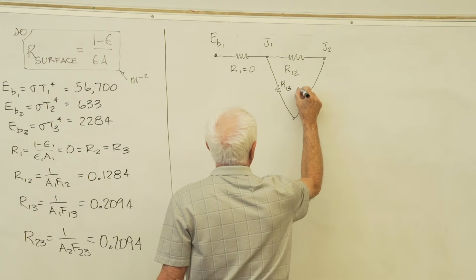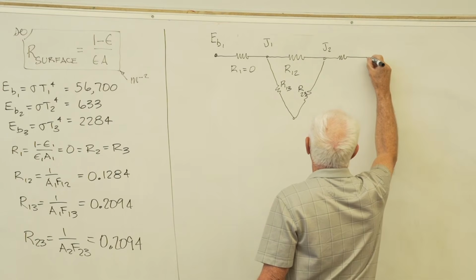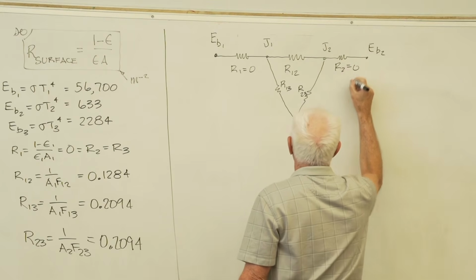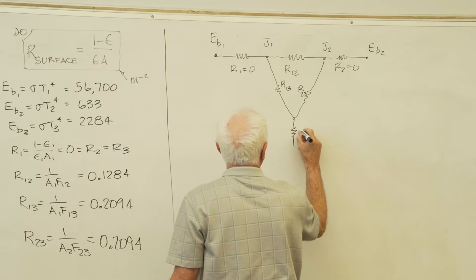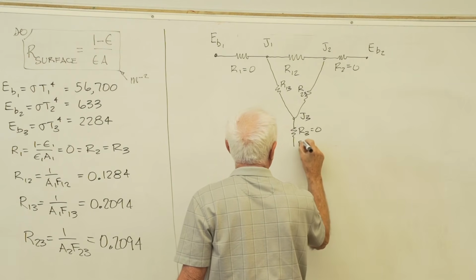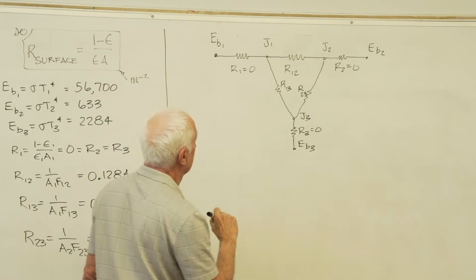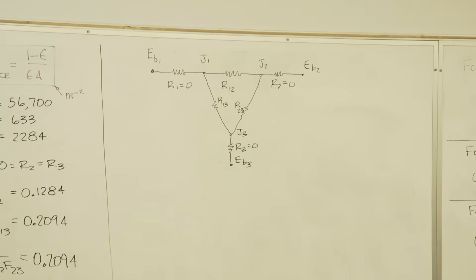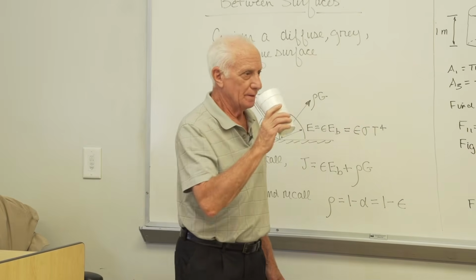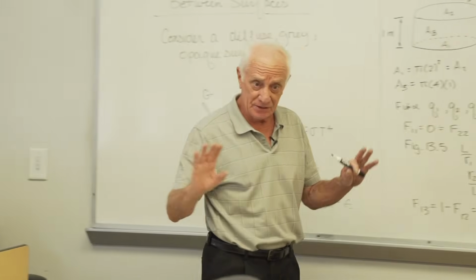R13, R23. Surface resistance, R2 equals 0. R3 equals 0. So there's my setup of the resistors in that network. I'm going to simplify it now.